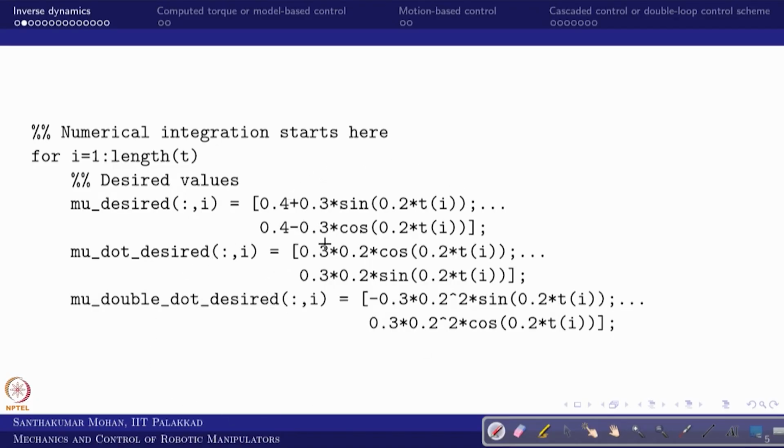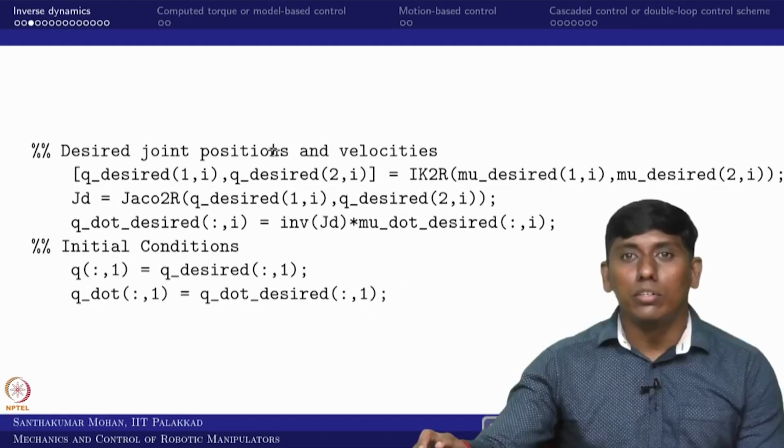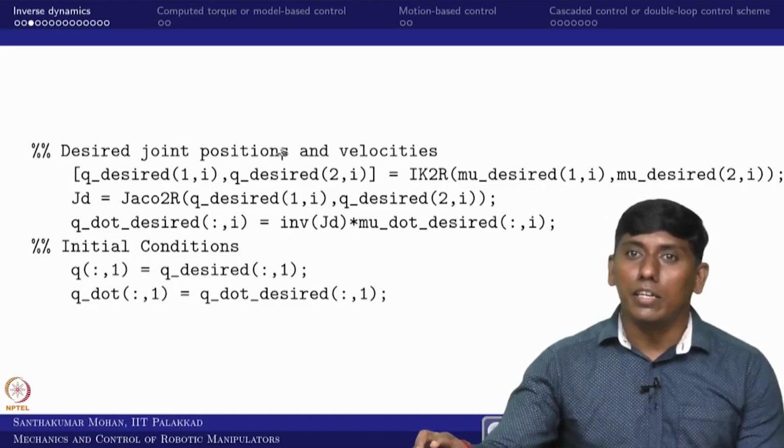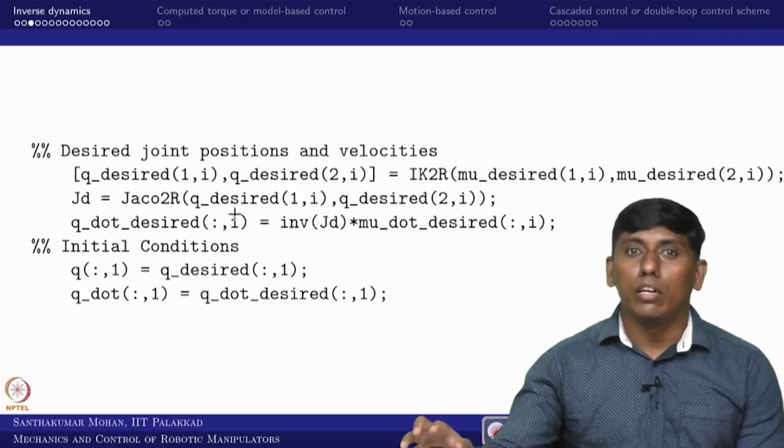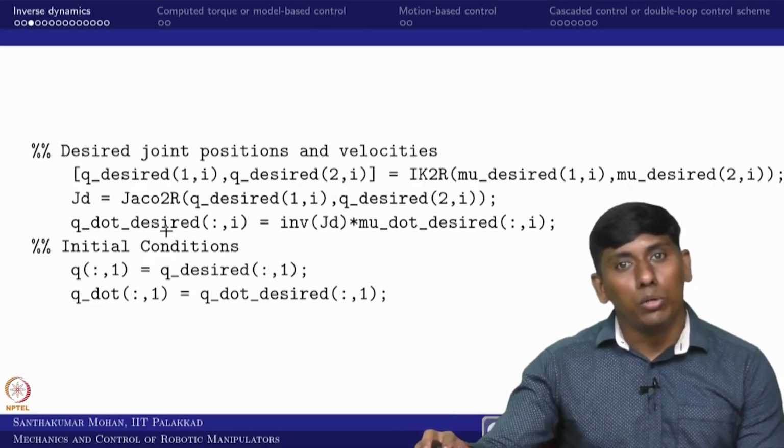In the last joint space we have seen how the cubic polynomial can be used, but here, even without cubic polynomial, how the circular profile can be generated is what we have seen here. Further, once you know this, we find the inverse kinematics, so that just for our own reference we find out what would be the q desired and the q dot desired.